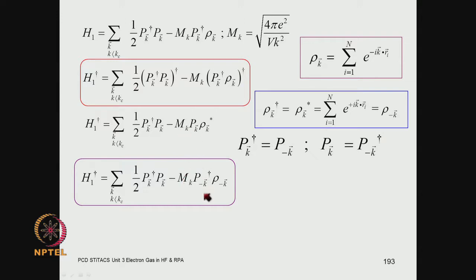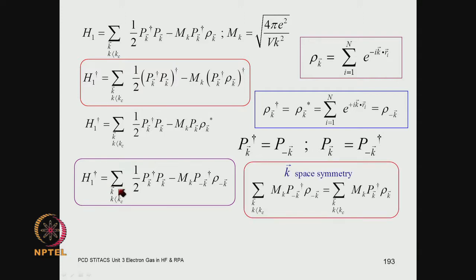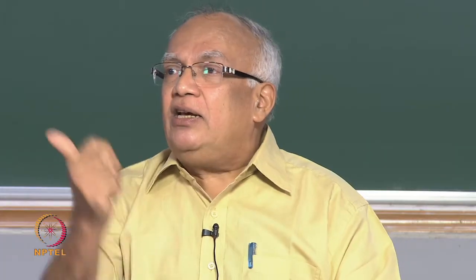Pk becomes p minus k dagger, and rho k star becomes rho of minus k. Now, that still does not look like H1, does it? But actually it is, because you are summing over these momentum vectors. Okay? And there are as many vectors in one direction as there are in the other.